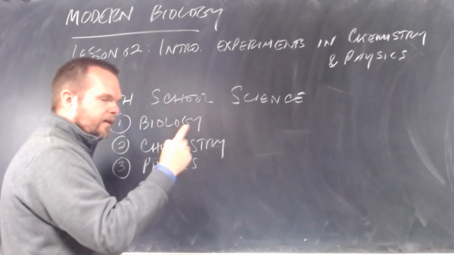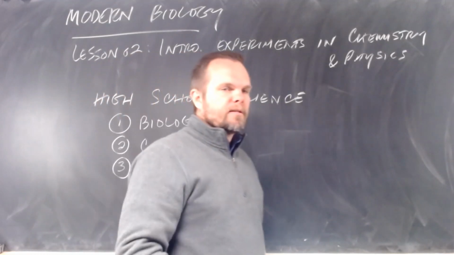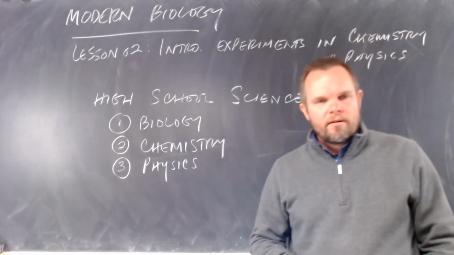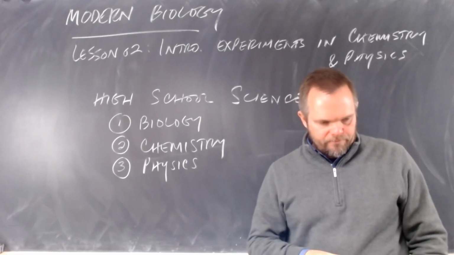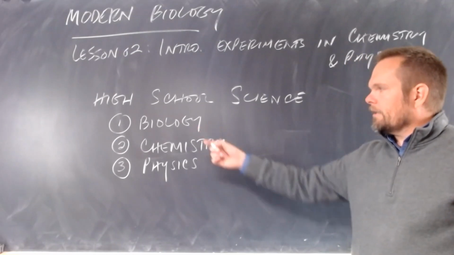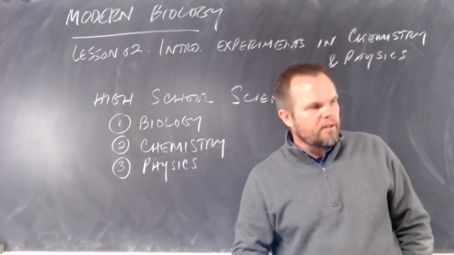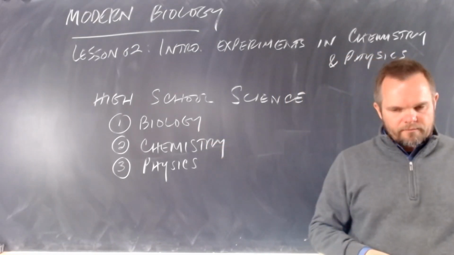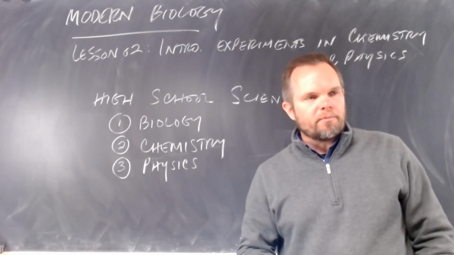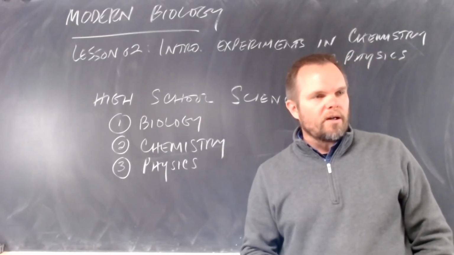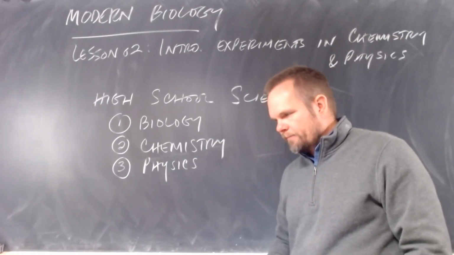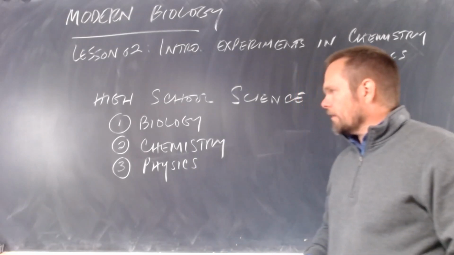There are 3 basic high school science subjects: biology, chemistry, and physics. We learned the definition of biology was the study of living things, right? We talked about how biology divides into 2 different parts, botany and zoology, and this textbook here adds the study of physiology. That's biology, the study of life.